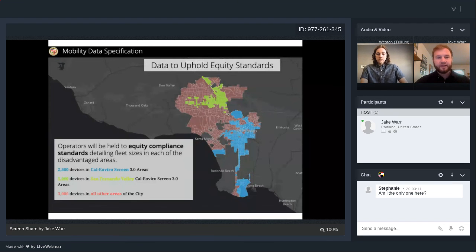So you can layer this information using other data sources to make it a really useful and robust tool and robust data standard to be able to evaluate your program, see if policy outcomes are being achieved, see if providers are complying with those policies and ordinances and regulations, et cetera.